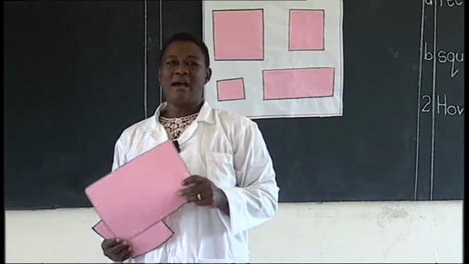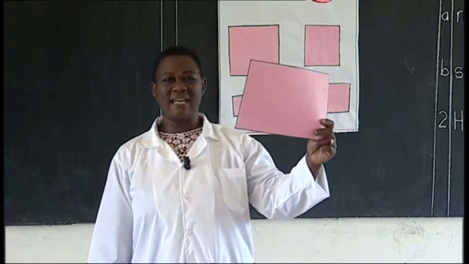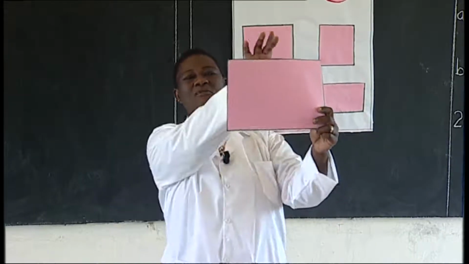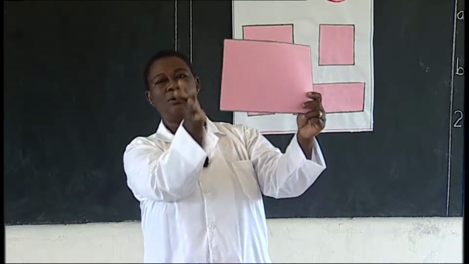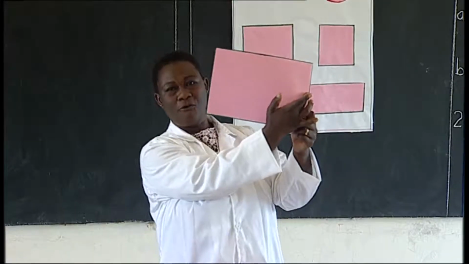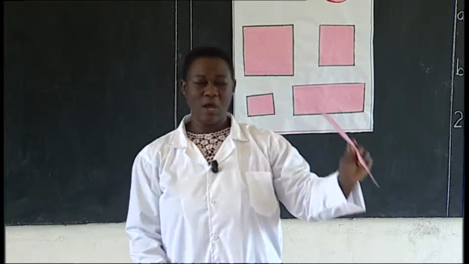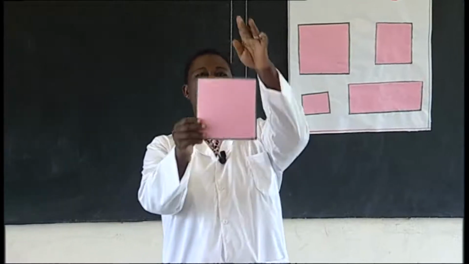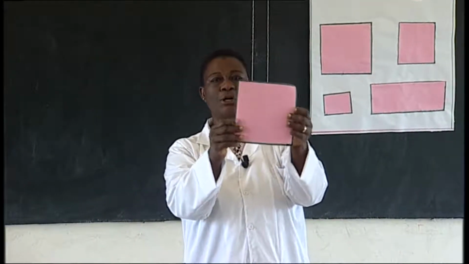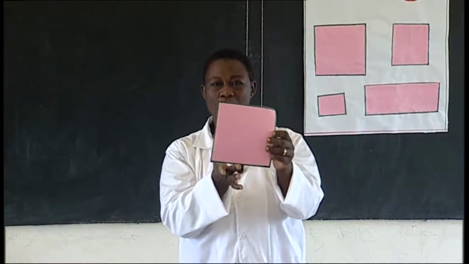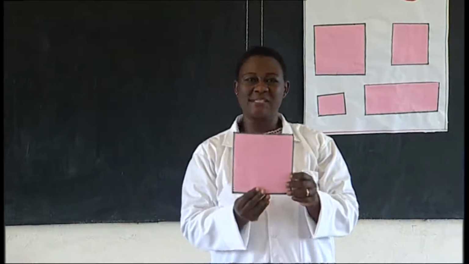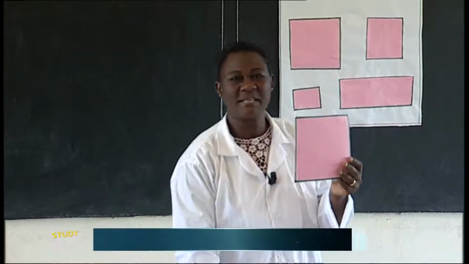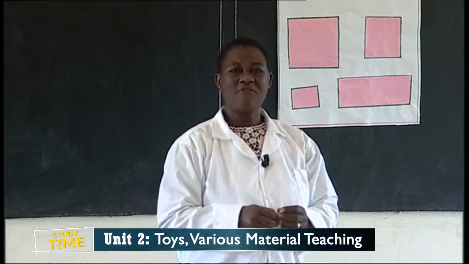A rectangle is a four-sided figure. As you see, we have 1, 2, 3, 4. Also, a square has four sides: 1, 2, 3, 4. So these shapes here are four-sided figures.